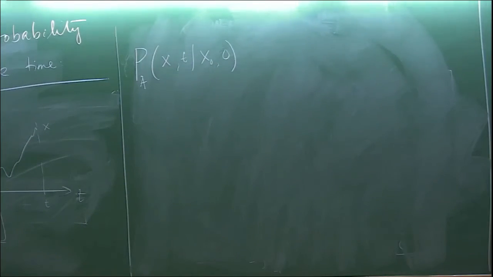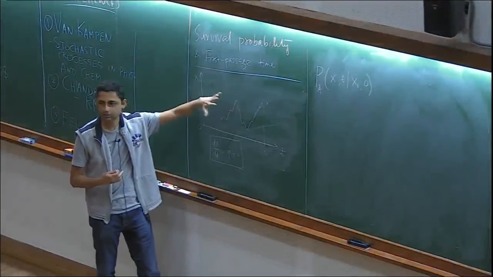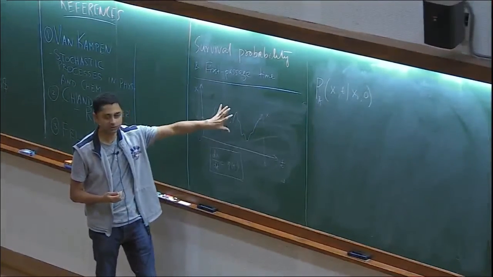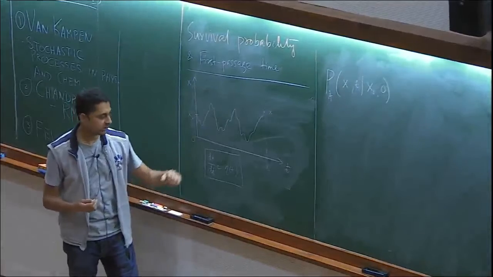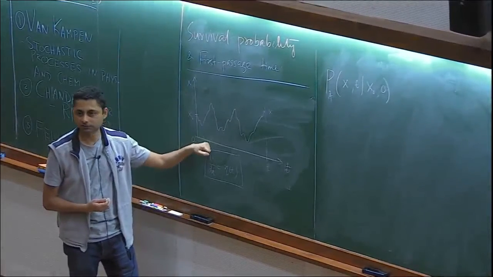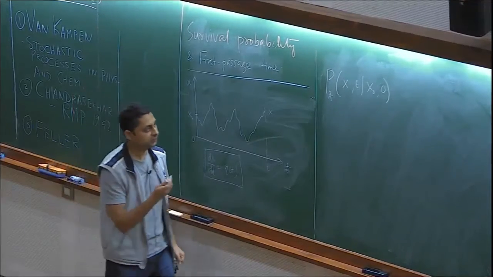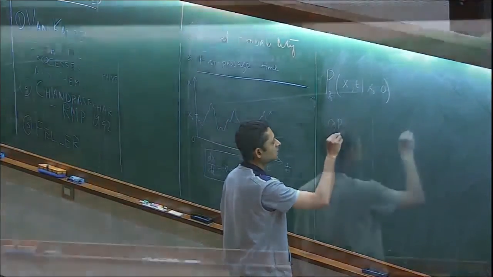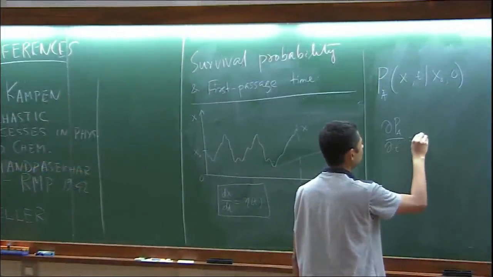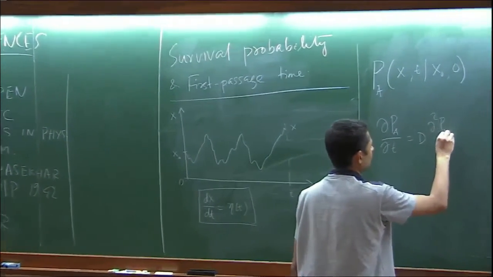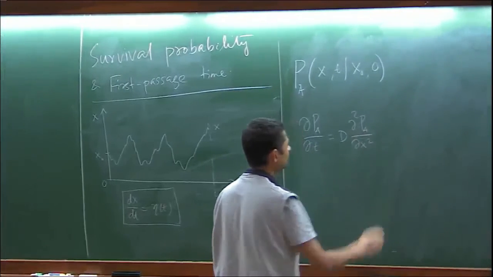So this is what you have to solve. So what is the equation this P_A satisfies? Everywhere there, what is the equation it satisfies? If it's here, it doesn't know whether this cliff is there or not, unless it comes to the cliff, right? Because the Brownian particle doesn't know. It satisfies the same equation.